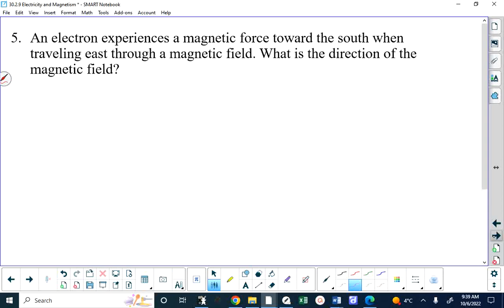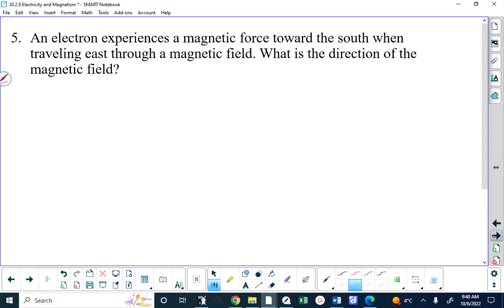I mean the force that's out of the palm of my hand is perpendicular to the field. The field is perpendicular to the direction the object is moving. And the force is perpendicular to the direction the object is moving.